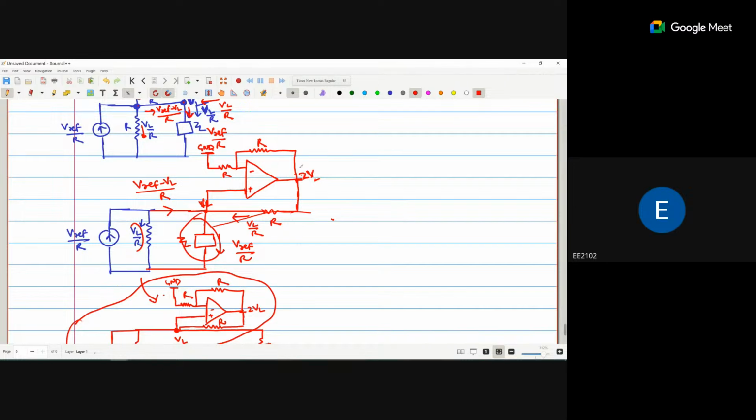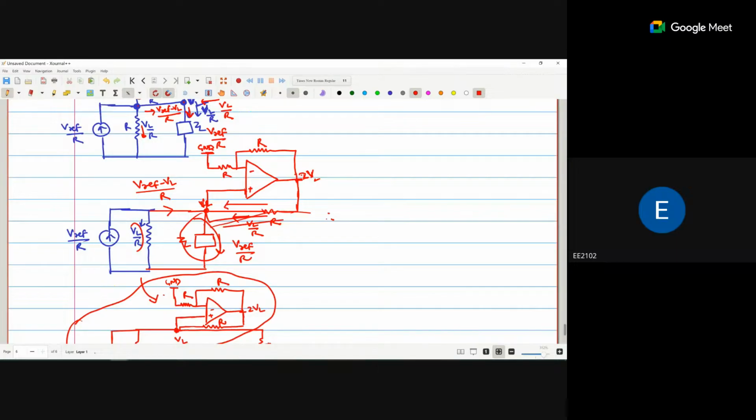Okay. Yes, sir. This particular current will be added at this point. So we keep this point as it is. We keep this point as it is. We only connect one path and ZL is connected here.